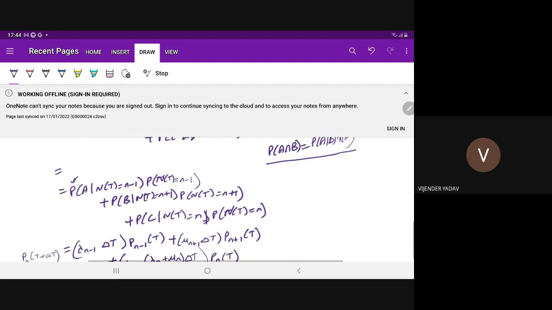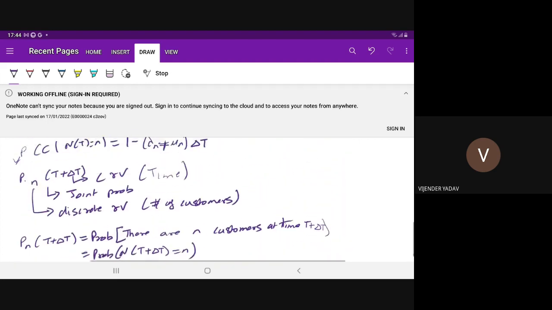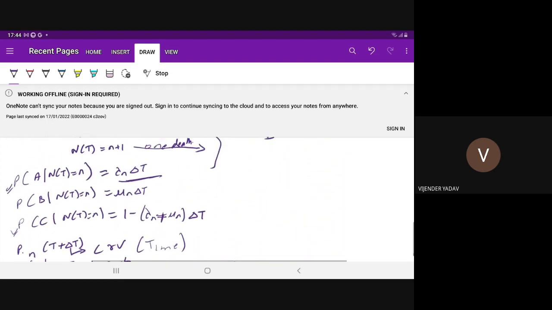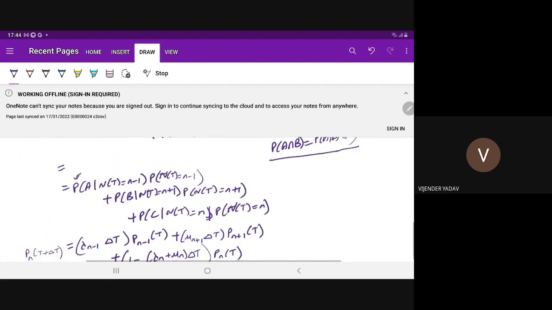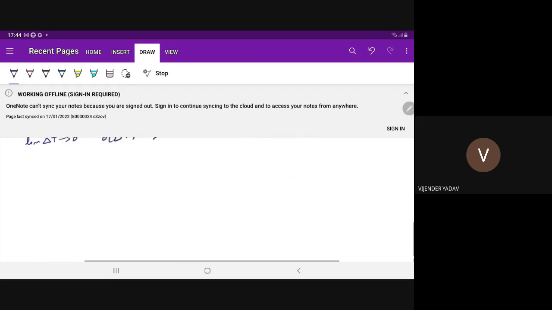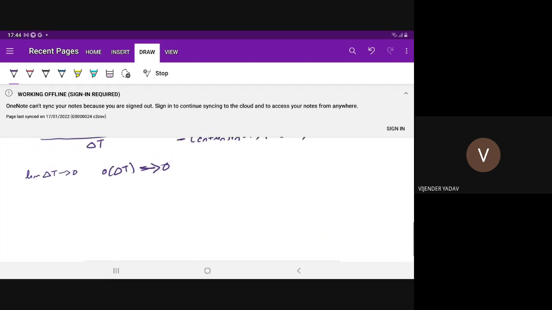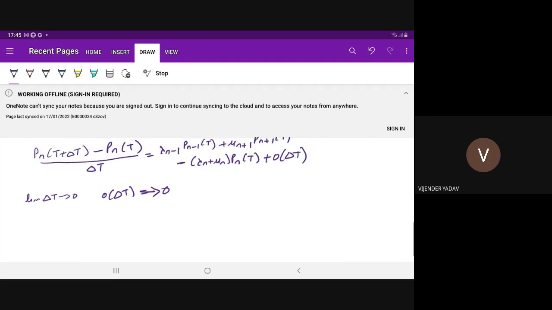Because in every expression we have not written it, but in every expression we have the higher order of delta t. So when delta t tends to very small, the higher order of delta t will be 0.